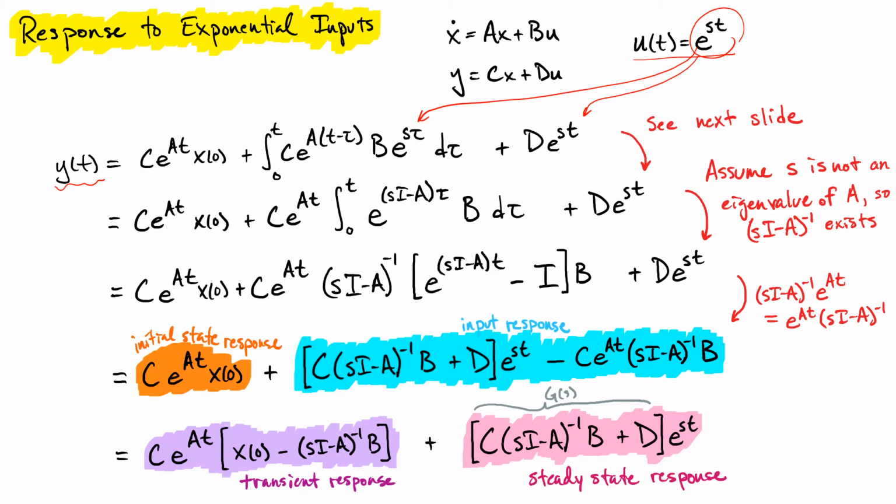Essentially, we're going to take this piece, e to the At, because that's not dependent on the integrand tau, and pull it outside. Then we're going to combine the minus A tau piece of the exponential and the e to the s tau into the same exponential.